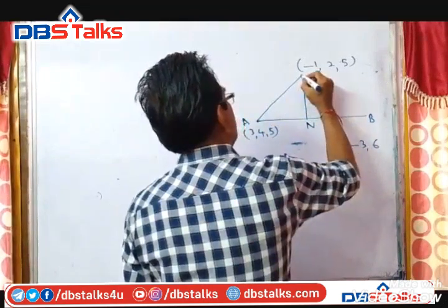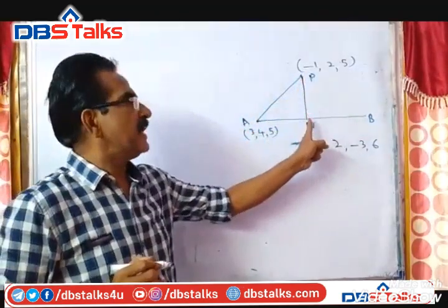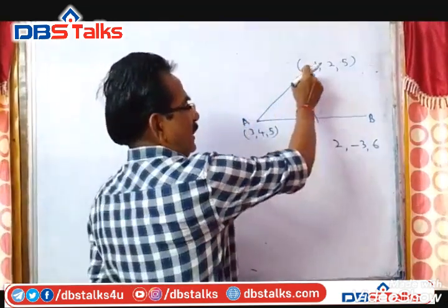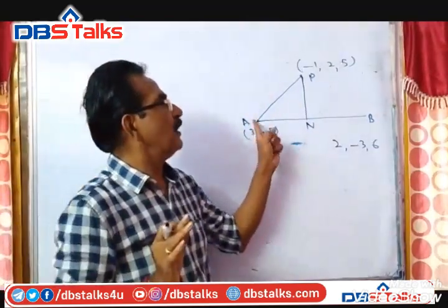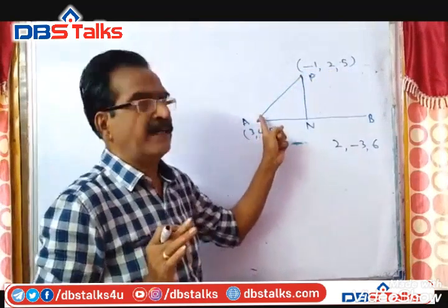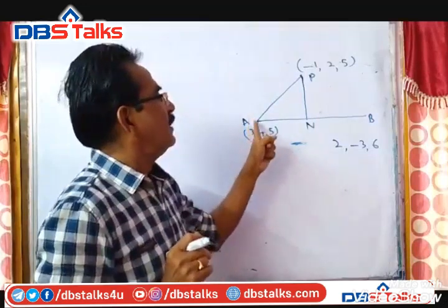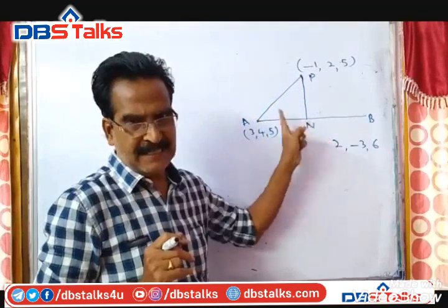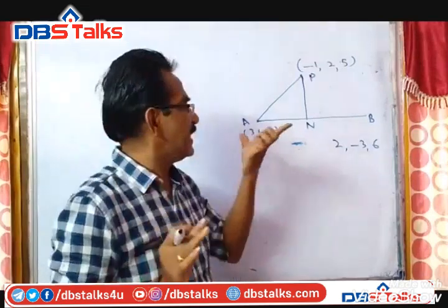Friends, this is a right angle triangle, so PN we can easily find. PN is the root of AP square minus AN square. From this and this we can find AP. So now our target is finding AN.